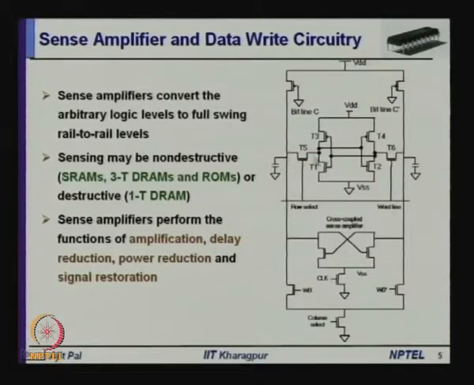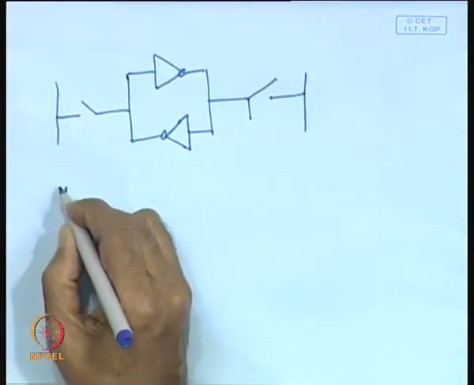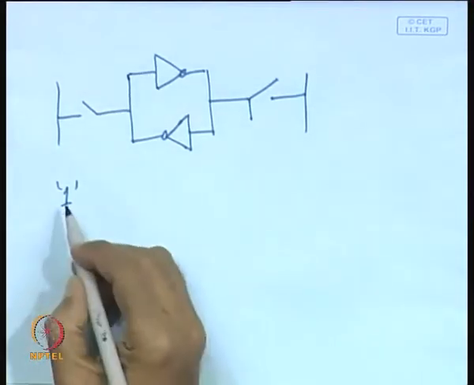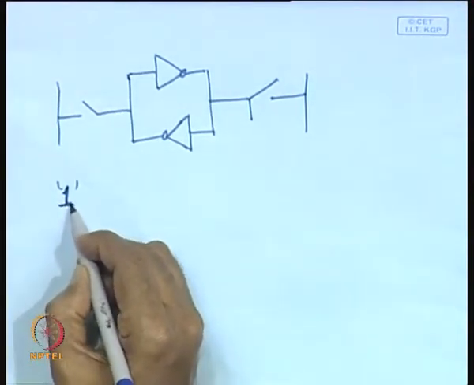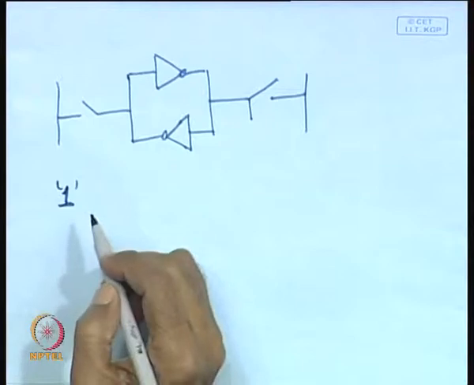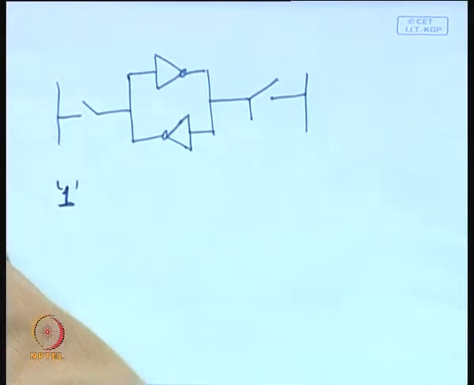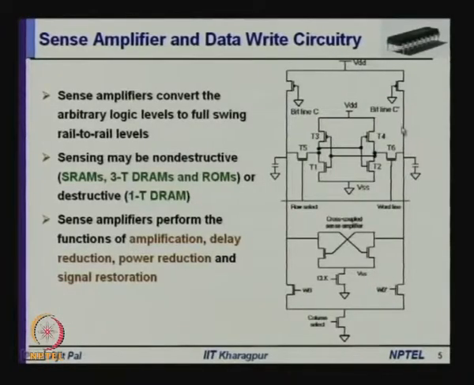So, this will be applied to the bit lines, and let us assume we want to write 1 in this particular bit. So, whenever you want to write 1 in this particular memory bit, what will happen? As you can see, this is bit line C bar and this is bit line C. So, VDD will be available here and 0 will be available here.